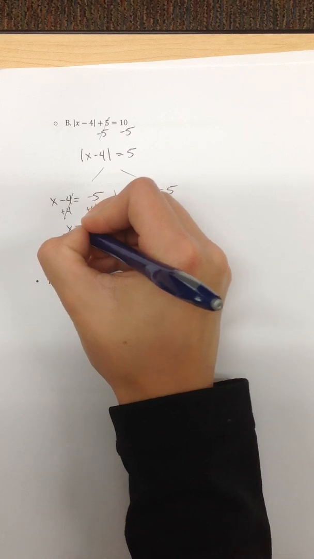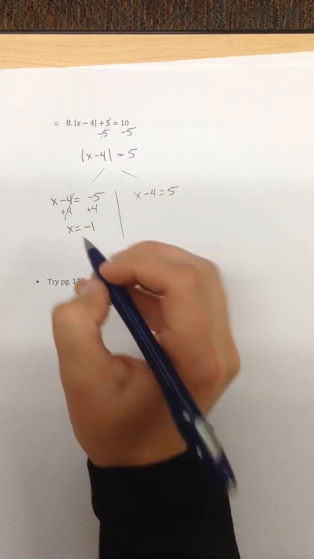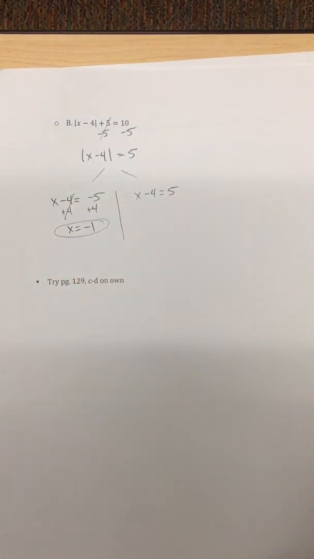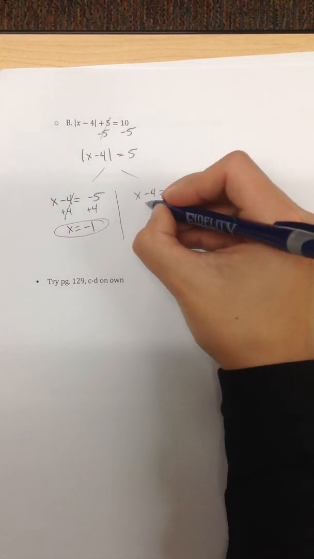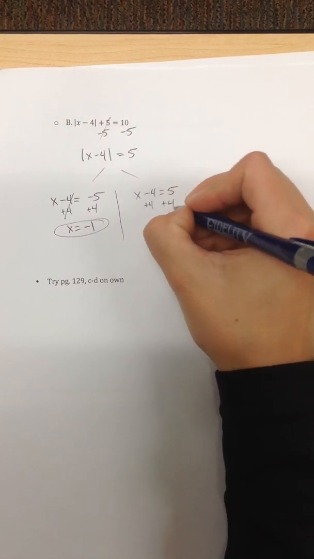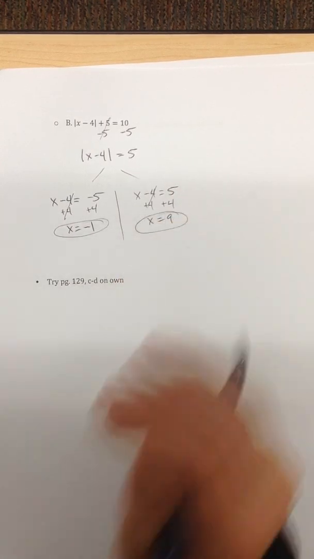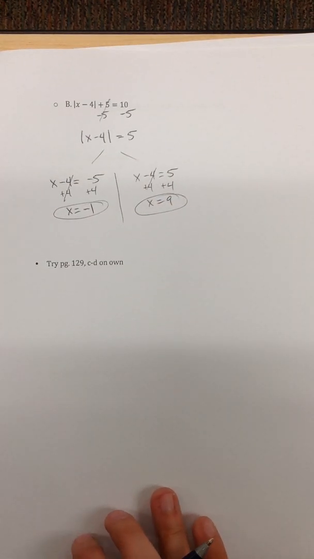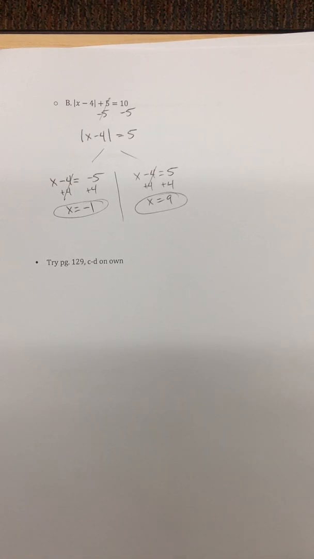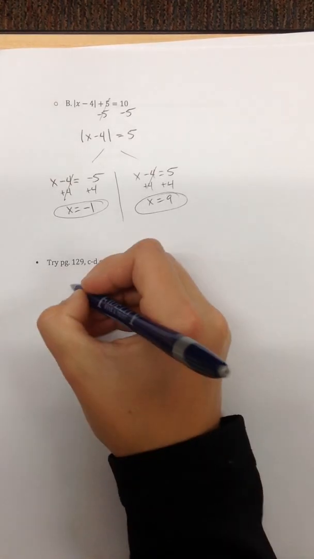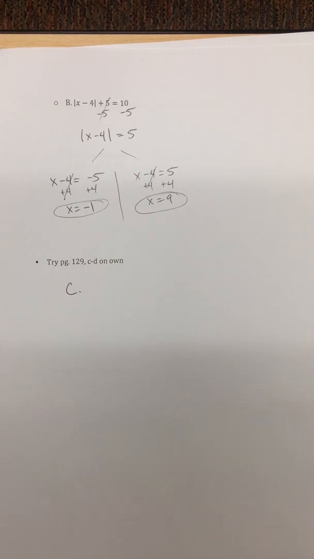So that goes away, so x will equal -1, one of my answers. And same thing over here, I'm going to add 4 to each side. So then I'll have x is equal to 9. So -1 and 9. Okay, so on page 129, try out C and D, and I'll get you your answers.